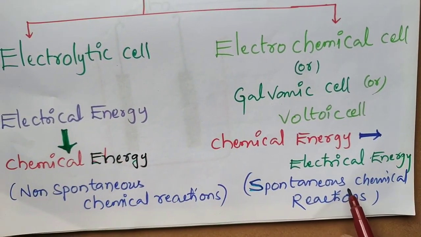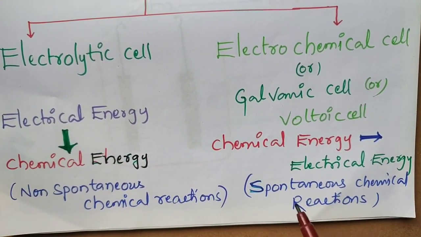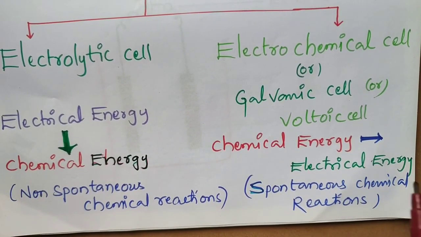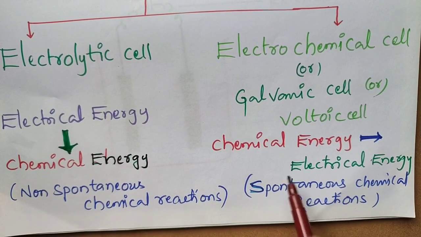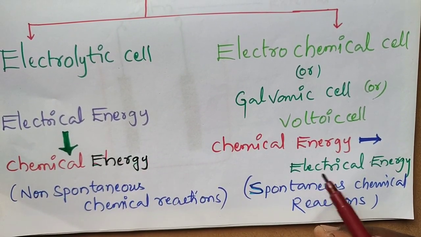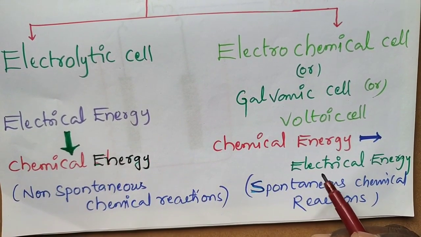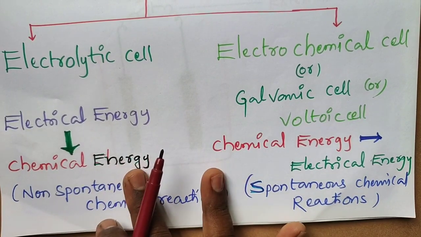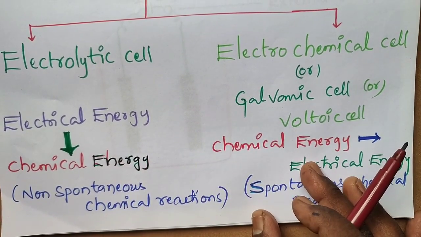During this chemical reaction, chemical energy is converted to electrical energy. We find out how much electrical energy is produced by using a voltmeter, ammeter and so on. So there are two types, electrolytic cell and electrochemical cell.